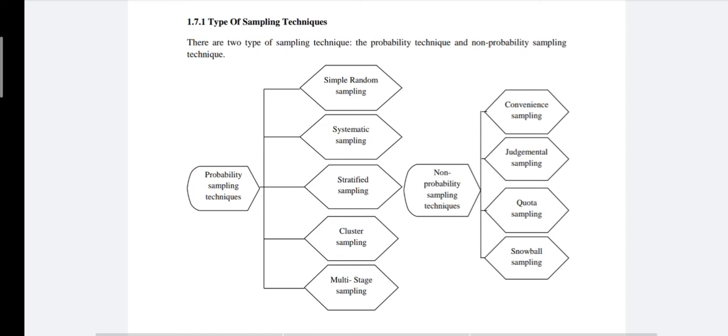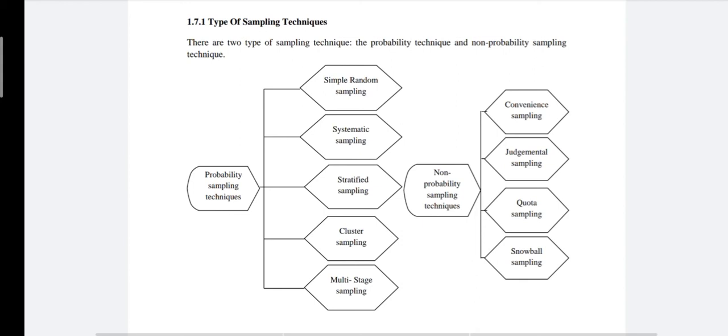But for non-probability sampling technique, it tend more bias. Okay, so untuk probability sampling technique, we have simple random sampling ataupun SRS, systematic sampling, stratified, cluster, multi-stage. Untuk non-probability technique, we have convenience, judgmental, quota dan juga snowball.